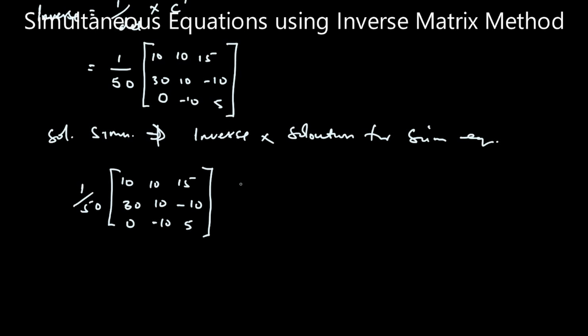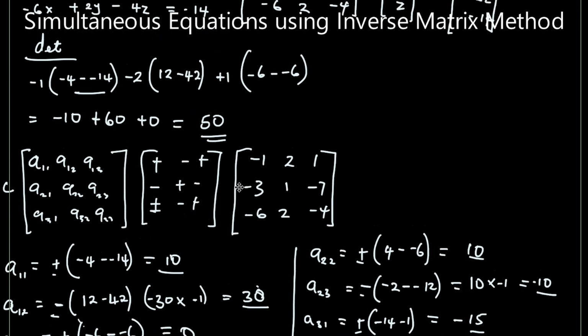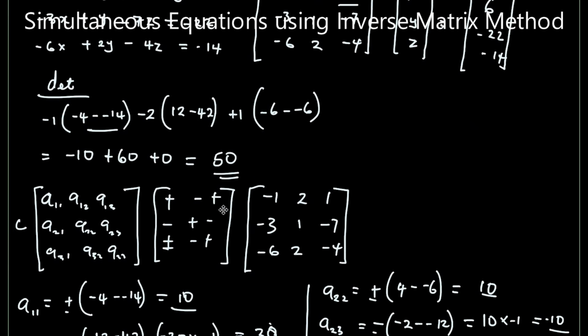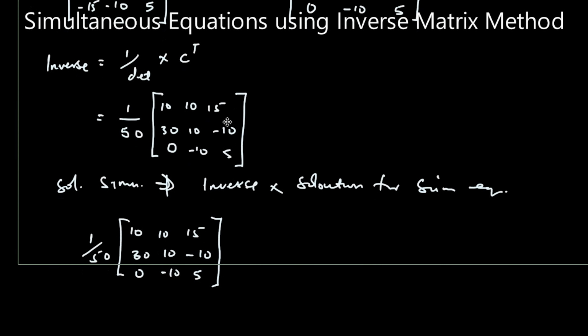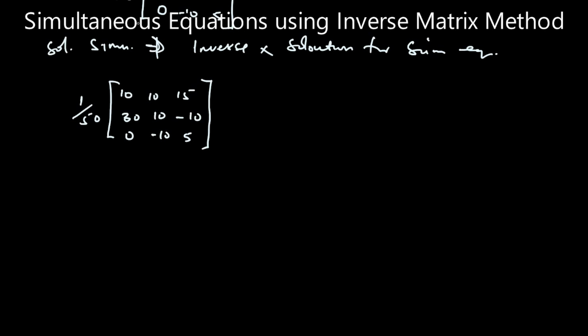We multiply this by the solutions to this simultaneous equation, which was 6, minus 22 and minus 14.